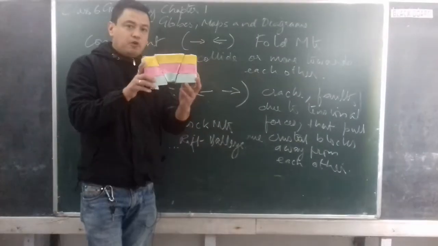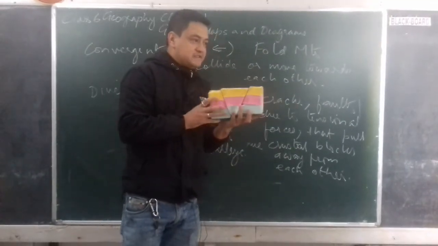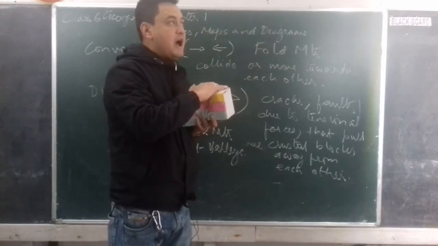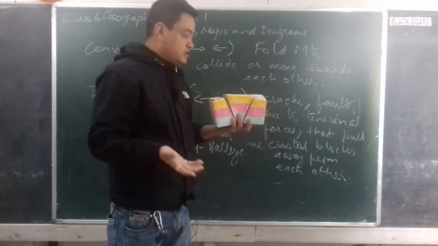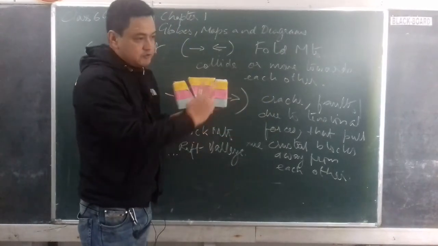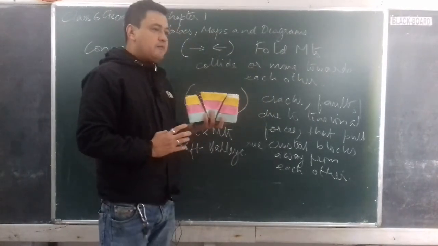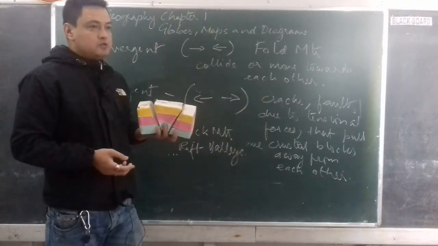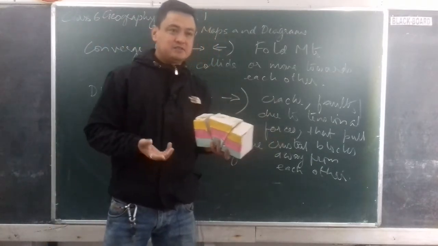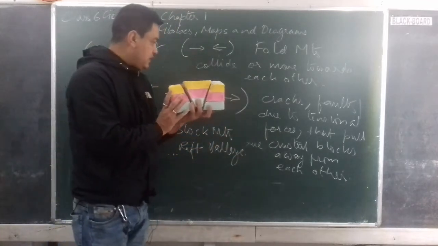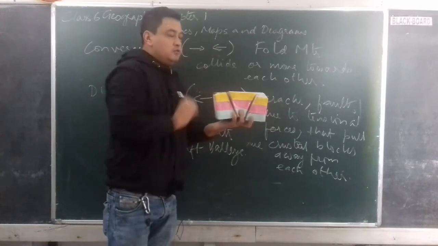Look at this model of the earth. Now, plates. There are 15 plates, which bind all the continents and our water bodies together. Whenever we talk about the layers of the earth, there are more than 4 or 5 layers, called O horizon, C horizon, B horizon, etc. Now, I am trying to explain what convergent movement is.